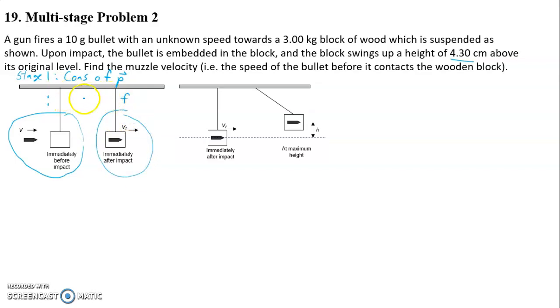So we've got V1I here, and we've got V2I, which is 0. The block was just hanging there. And we're trying to find out what V1I is. That's our main goal. That's our muzzle velocity.